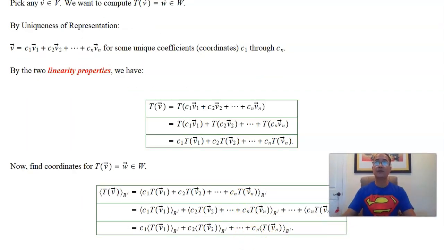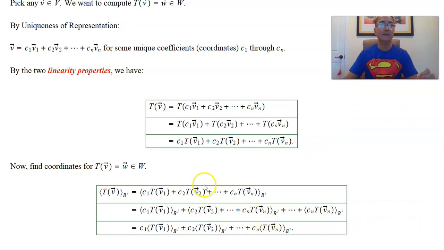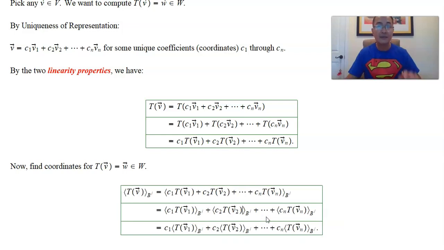So here we go. Take the coordinates of T of V with respect to B prime. It's the coordinates of this long linear combination with respect to B prime. Break it up into a sum of several. I haven't edited this yet, so I'm supposed to erase this. There you go.